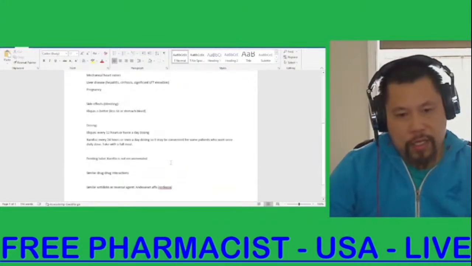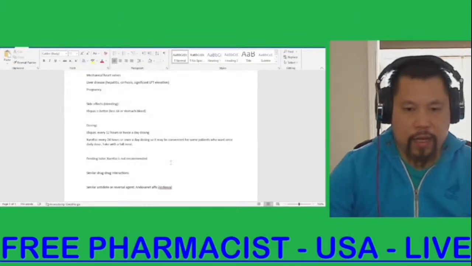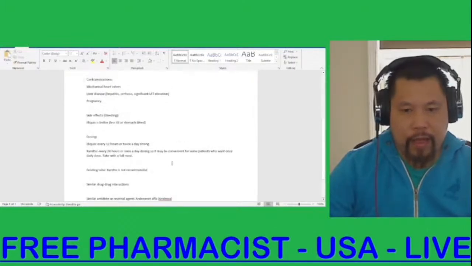Dosing, the Xarelto might be an advantage compared to Eliquis because Eliquis is taken every 12 hours a day. The Xarelto is taken once a day or every 24 hours. But it must be taken with a full meal, full stomach. So there is one advantage of the Xarelto compared to the Eliquis because it's taken once a day instead of twice a day.